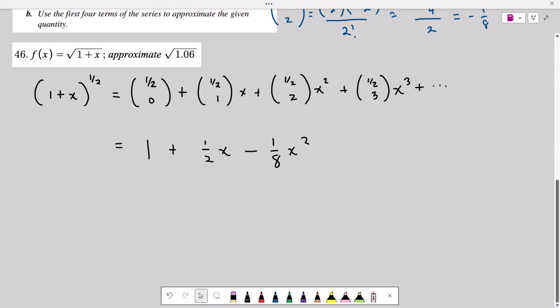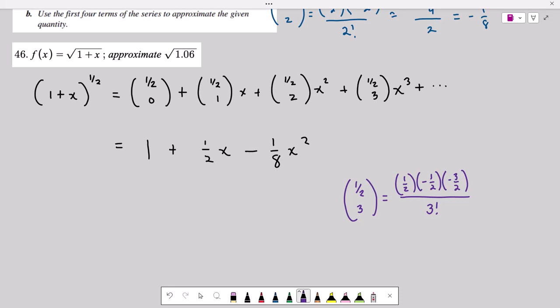And then similarly for 1/2 choose 3, we start with 1/2 in the numerator, and we do repeated subtraction of 1 until we end up with 3 factors. So we start at 1/2, subtract 1 and get negative 1/2, subtract 1 again, get negative 3/2, and that's our constant. So let's see, what does that turn into? Looks like positive 3/8 divided by 6.